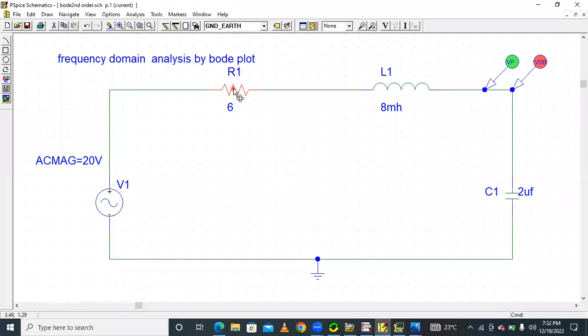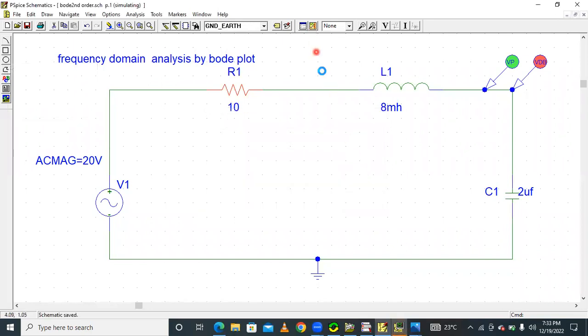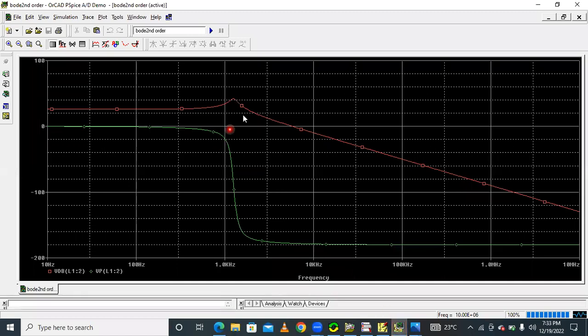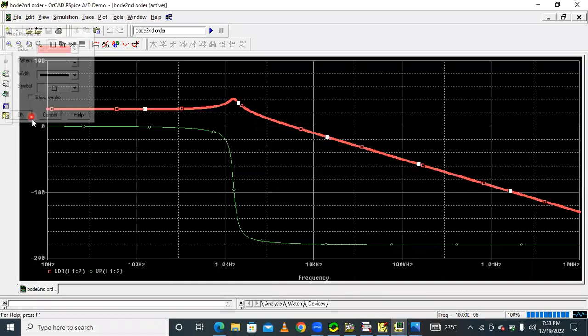And if you increase the value of resistance from 6 ohms to, for example, 10 ohms, then we can observe how the phase plot and magnitude plot change. The phase plot changes this way.